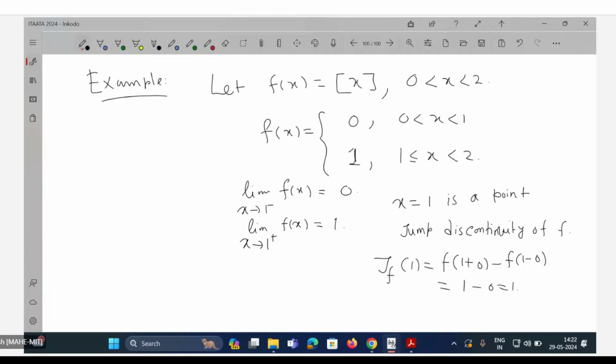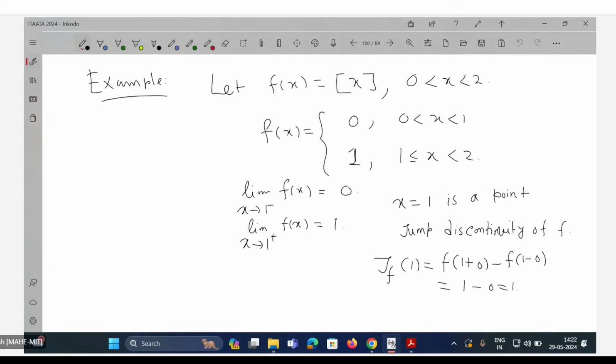Good. So next example. Is there any doubt? Is it clear? I think for most of you it is very clear.